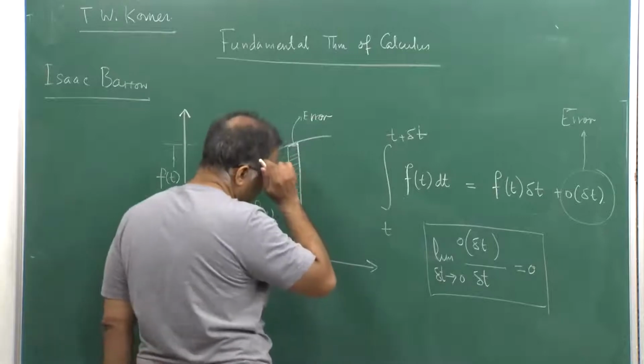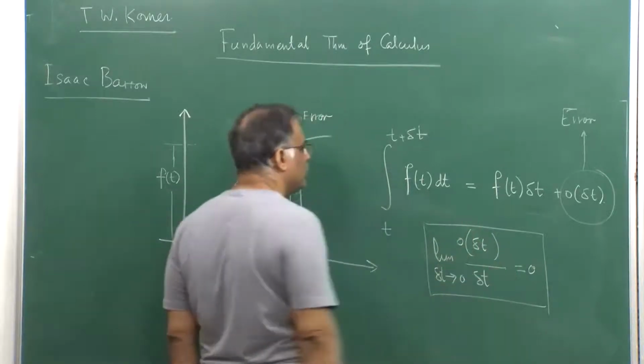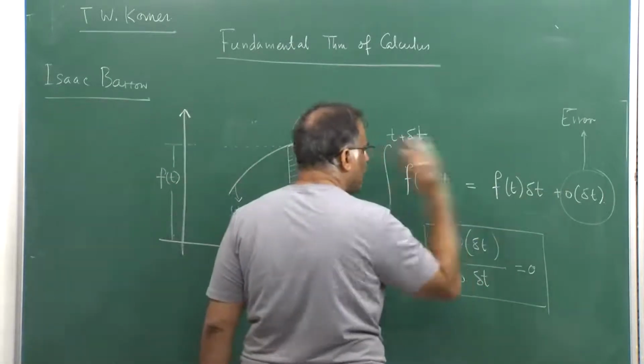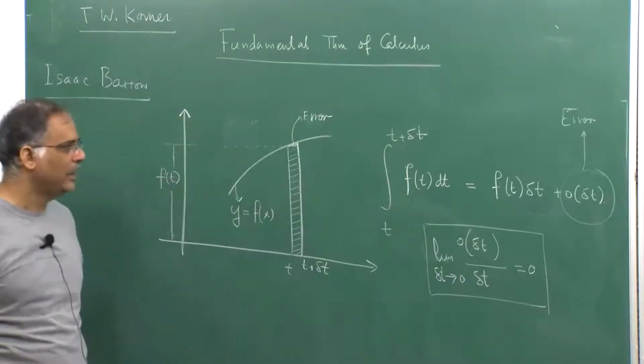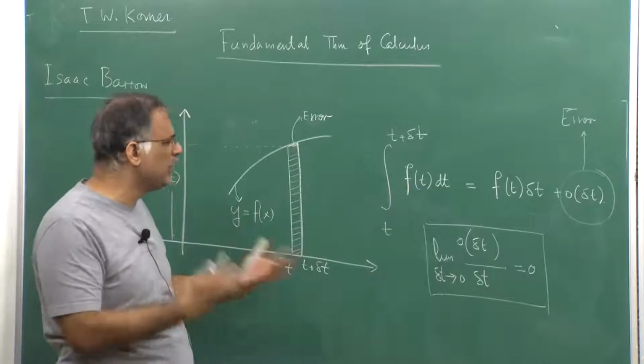Because this goes to 0 faster, the limit should be 0. That is exactly the meaning of this error. The error should vanish very fast as delta t moves to 0, and then in the limit you will get what you require.